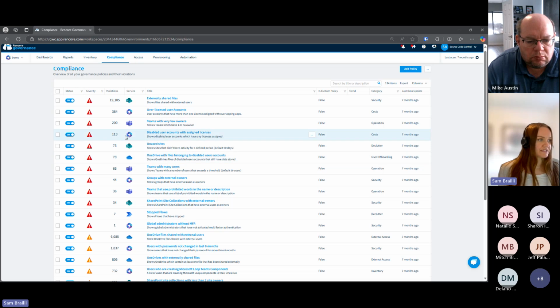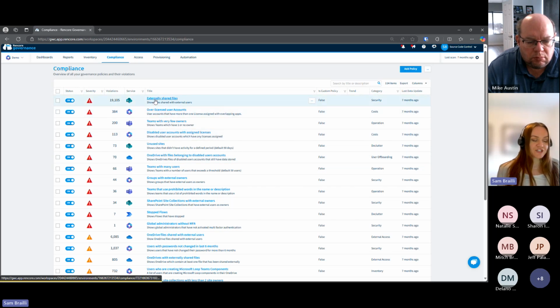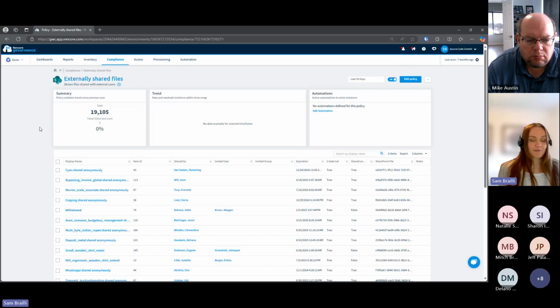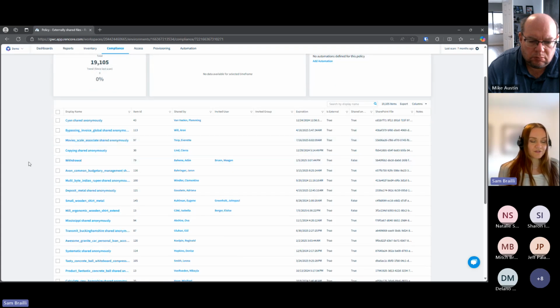So let's have a look, for instance, here, a policy of externally shared files. Whether you have a policy that you can't share files externally or you just want to keep a track of those files that are shared, you can come into here and it's going to give you a list of every single file that has been shared from SharePoint outside of the organization. Now, the data you're looking at here is demo data, but here you can see who it was shared by.